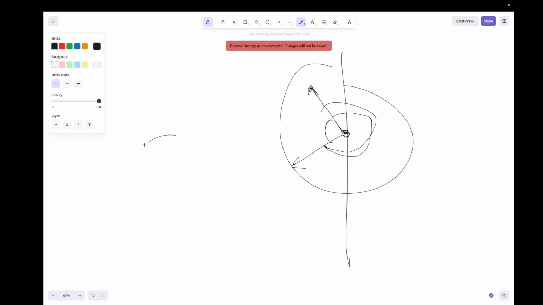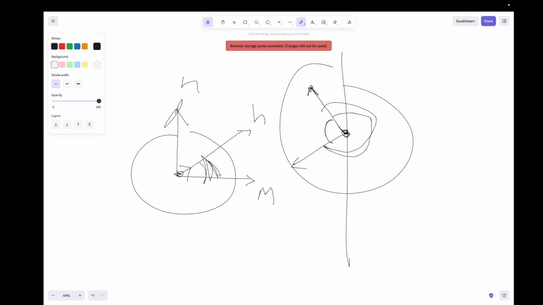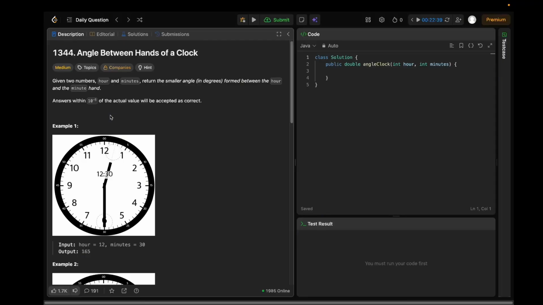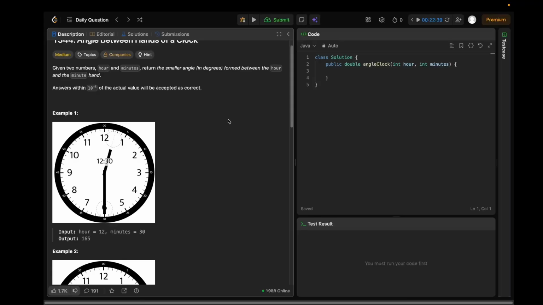In a clock, if our minute hand is at 30, that's a 90-degree angle. If our hour hand is somewhere up here, how do we calculate the angle? So this angle should be 90 degrees minus, well, I need another value, no? What math am I using here? Given two numbers, return the smaller angle in degrees formed between the hour and minute hand.